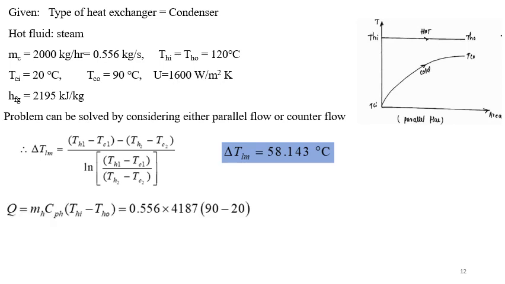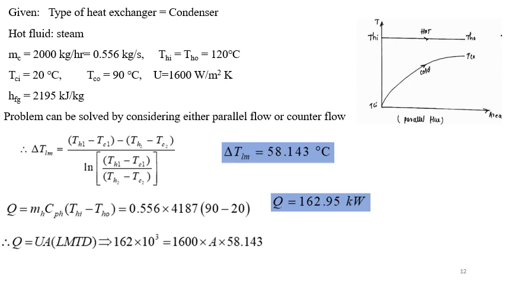Then you can calculate Q. Q is equal to mH CPH into THI minus TH naught, but because the cold fluid mass flow rate is given, and the temperature difference of the cold fluid is given, TC naught minus TCI, 70 degrees centigrade, and you know it is water, so Cp is known, you can calculate Q is equal to 162.95 kilowatt. And you know what is U, so you can calculate area.